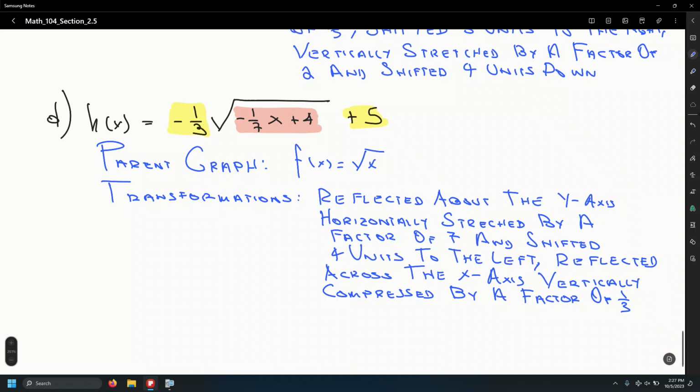And lastly, what about that plus 5? Yes, they were added. We're going to describe the math operations in a second. But what is that going to do? Shifted up 5 units.